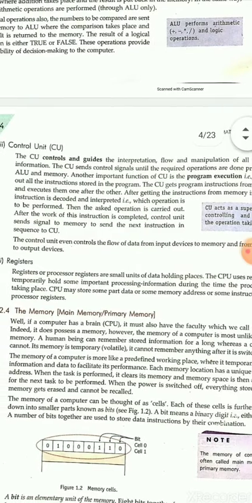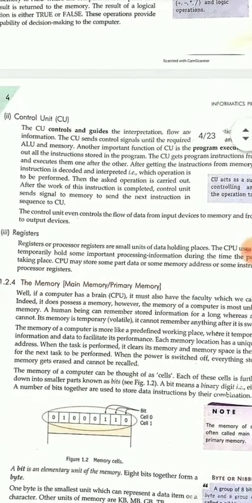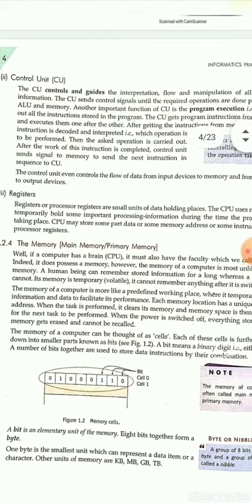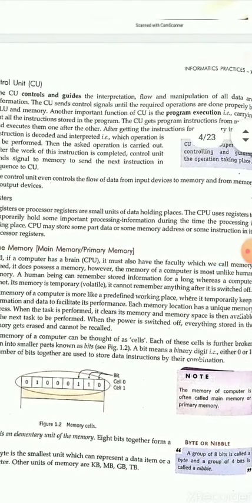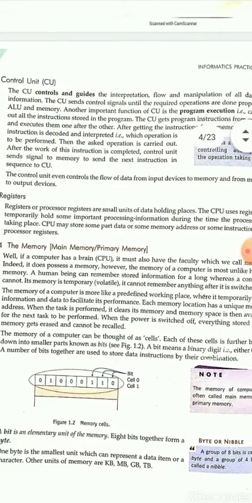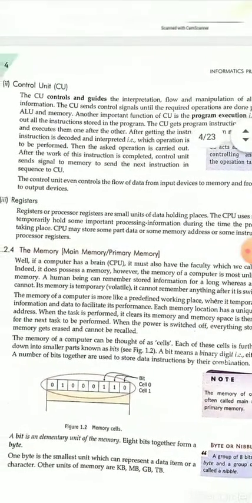Then after, registers. Registers or processor registers are small units of data holding place. The CPU uses registers to temporarily hold some important processing information while processing takes place.